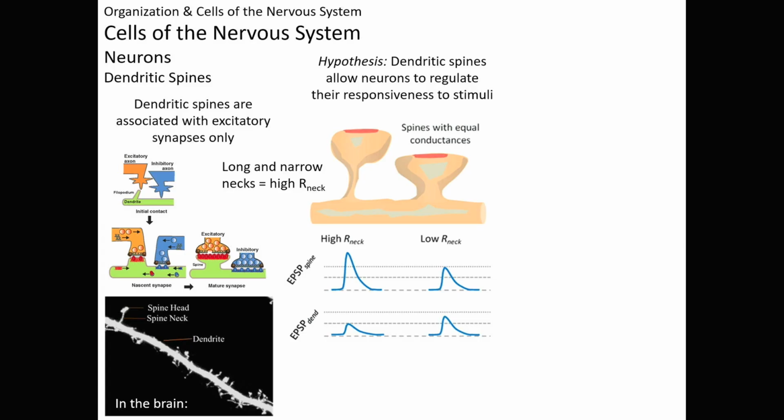So the idea here is that even if you were to excite these two spines equally, right, the chances of getting an action potential from this neuron would be a lot higher with the low R neck there, the wide, short neck, because more of the excitation signal can actually get through the spine neck and get to the dendrite, and again, from there to the hillock, from there to the axon initial segment to cause an action potential to occur, right? If you excite this spine even with the same degree of excitation, a lot of that excitation is trapped and can't flow through the neck, and therefore you're less likely to get an action potential.